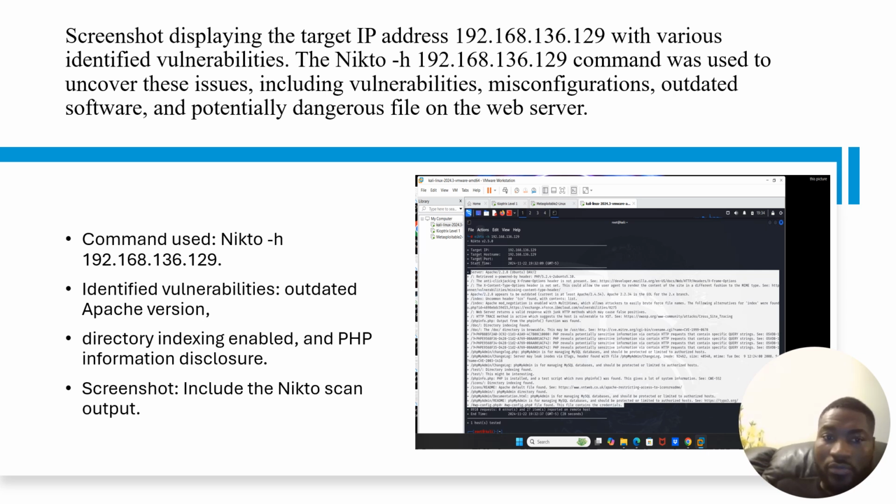Nikto -h was used, and the various vulnerabilities were discovered, like for example outdated Apache version.